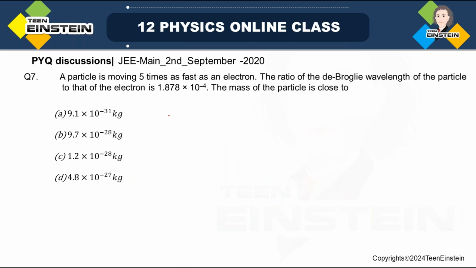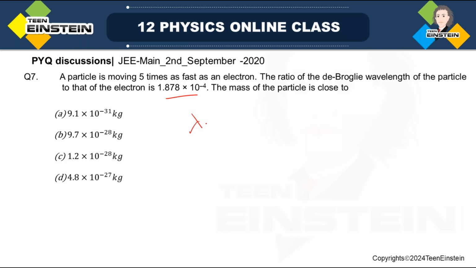So we'll see this question. A particle is moving 5 times as fast as an electron. The ratio of the de Broglie wavelength of the particle to the electron is given.